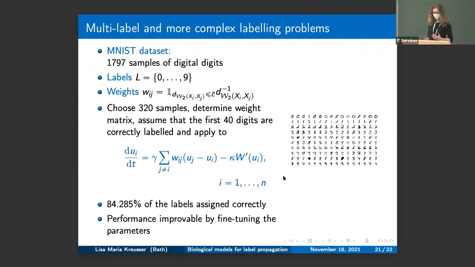And you can also use a very similar approach to study multi-label data sets, like for instance the MNIST data set, which I motivated initially, where you can use the same model to classify those multiple labels.